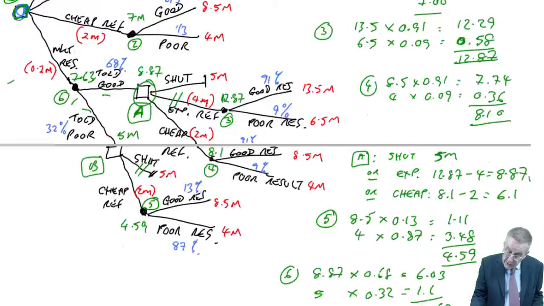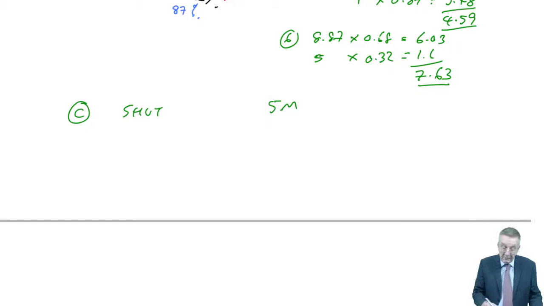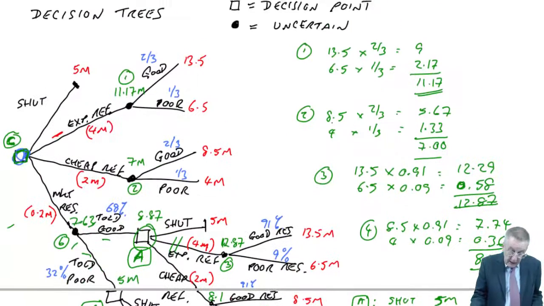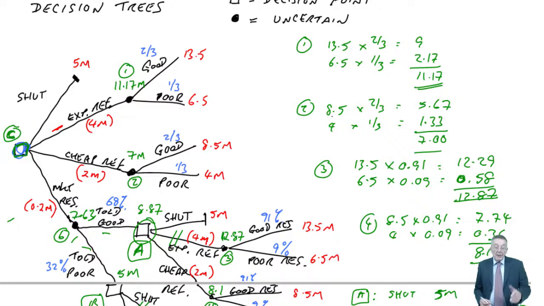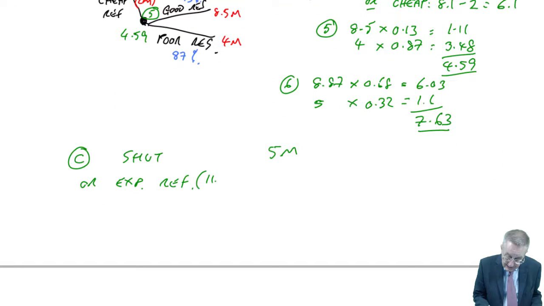One option is to shut immediately, so this is C. And if we shut, we get 5 million. Or the second option was to do the expensive refurbishment. Expensive refurbishment, we pay out 4 and get back an expected 11.17. And so a net 7.17.